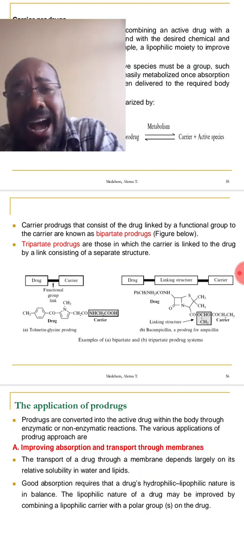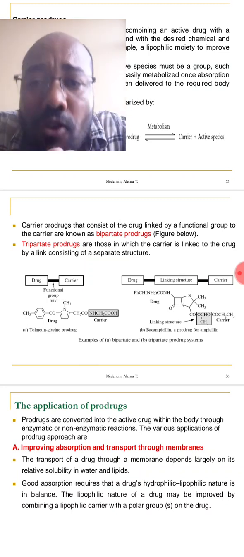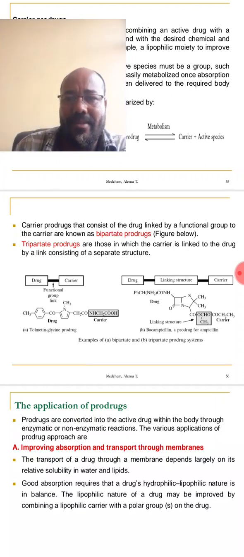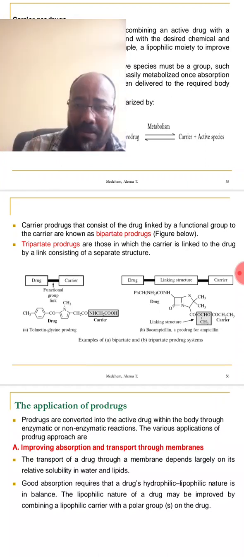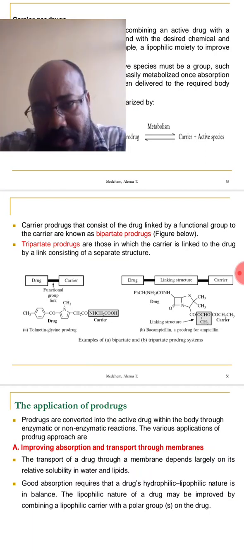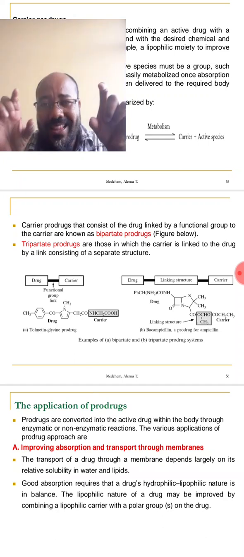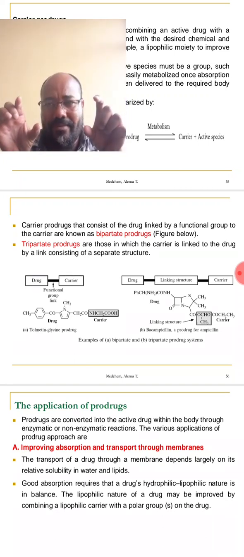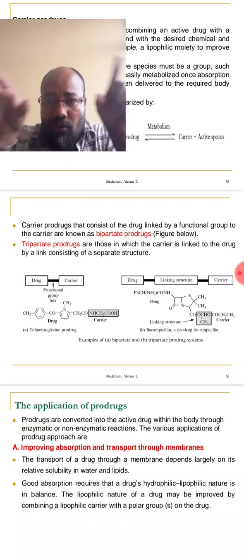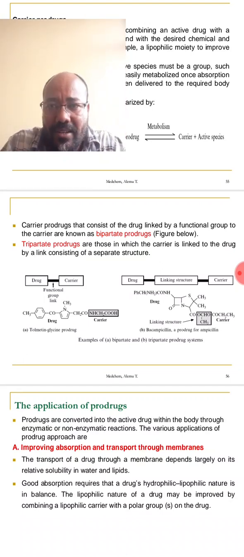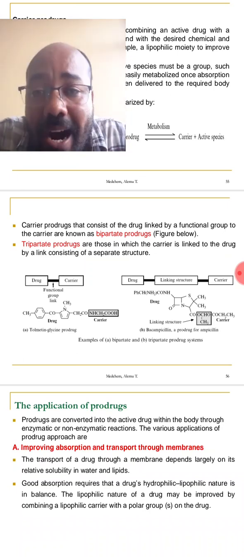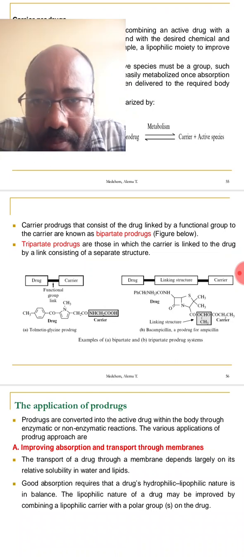Bipartite prodrugs are prodrugs that are formed by linking the carrier with the active species by functional groups like esters, amides, simple functional groups. If the linking between the carrier and the active drug takes place by functional groups, by removing water or some groups, we can say it is a bipartite carrier prodrug.